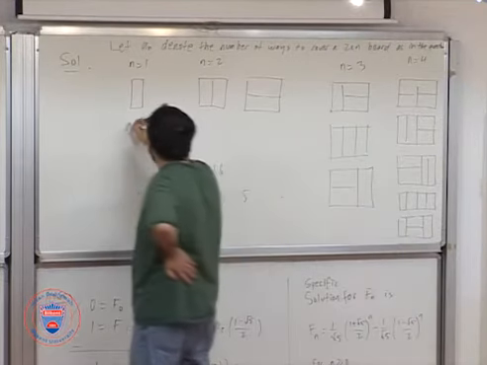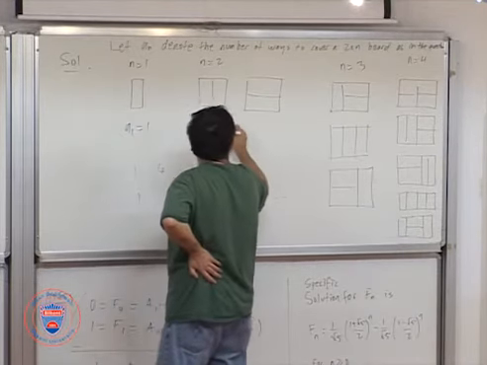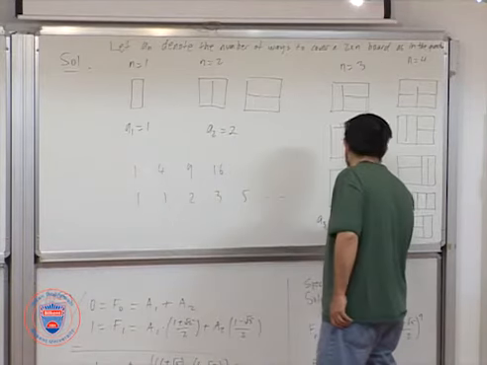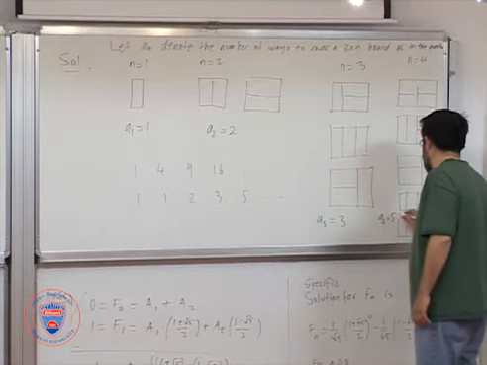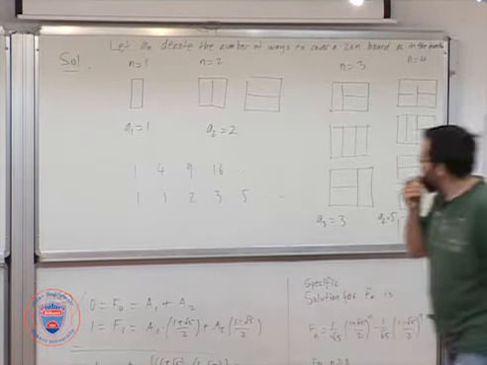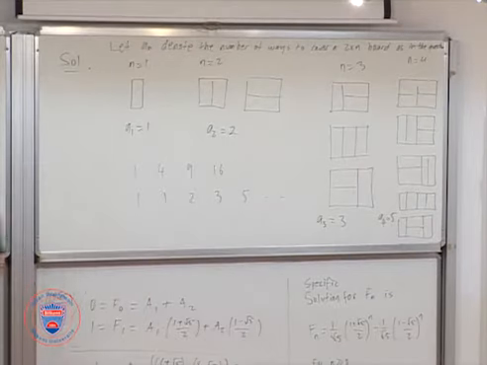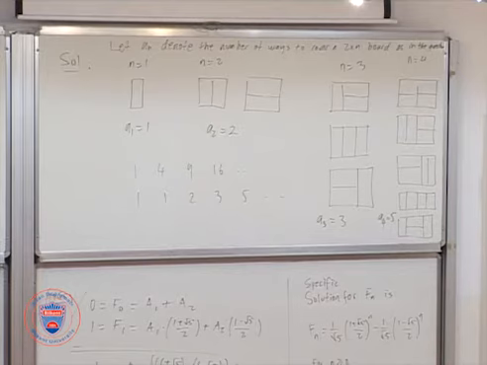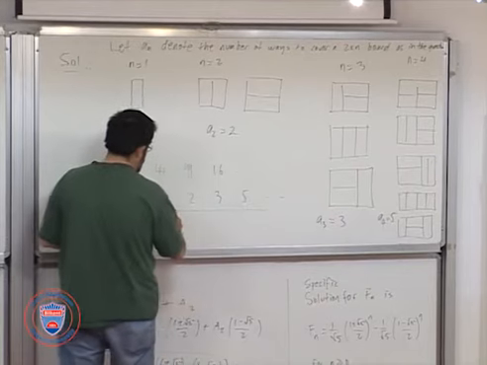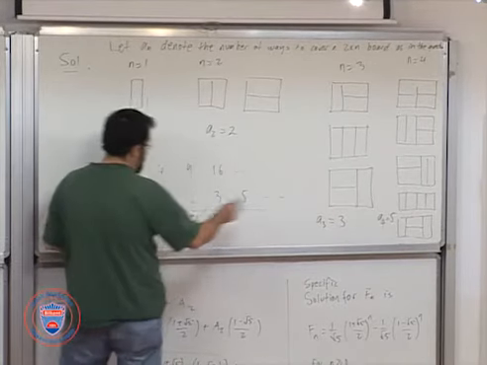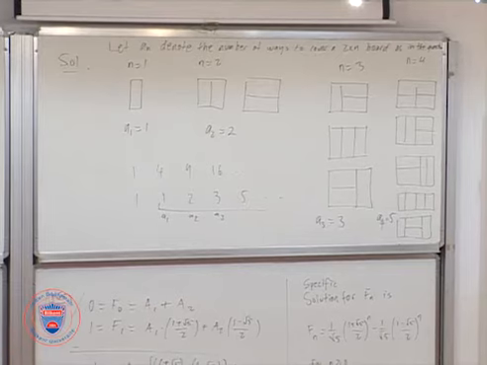So we see that A1 is 1, A2 is 2, A3 is 3, A4 is 5. So which sequence does it look like? Any answers? Fibonacci, yeah. So it looks like this sequence, slightly shifted, so it starts from here. But aside from that, it's the Fibonacci sequence.